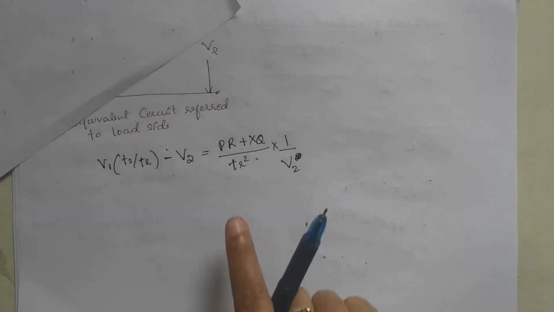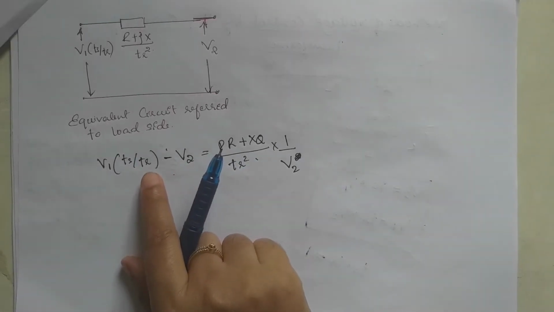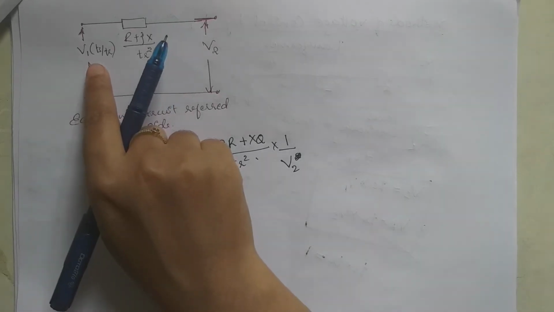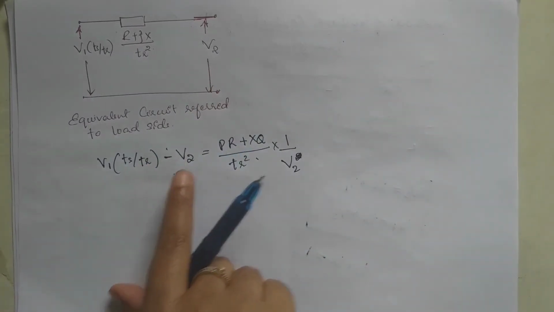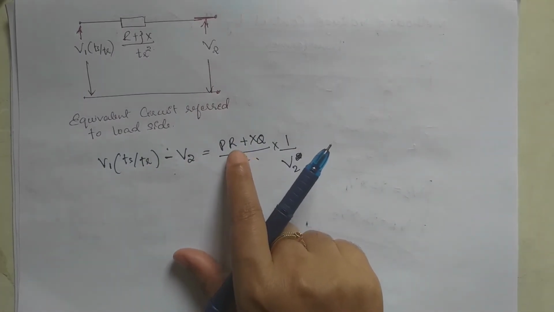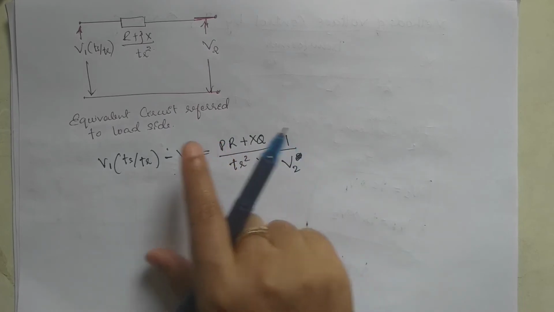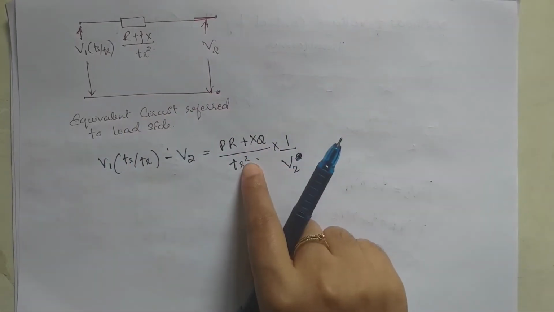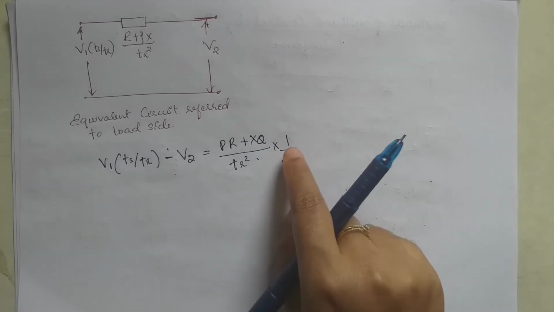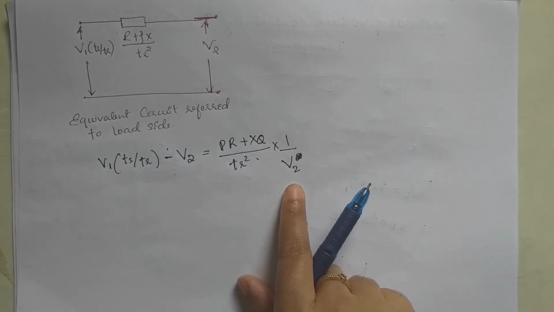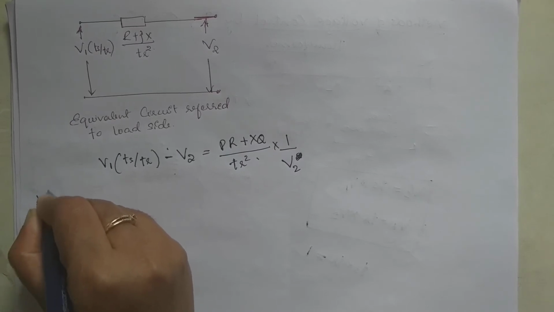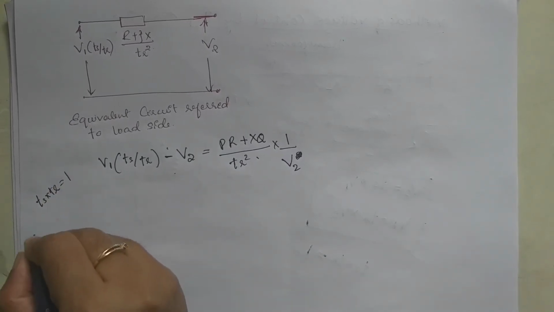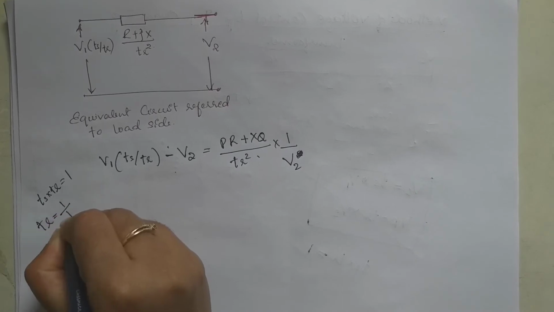So our equation becomes, the magnitude delta V: V1 Ts divided by Tr minus V2 is equal to (RP plus XQ) divided by Vr square, taking Tr square as it is, times 1 divided by V2. Further simplifying, we know that Ts into Tr is equal to 1, so Tr is equal to 1 divided by Ts.